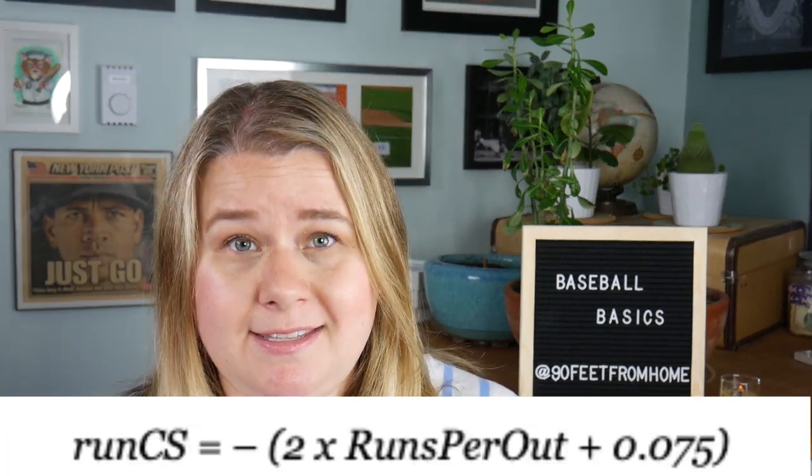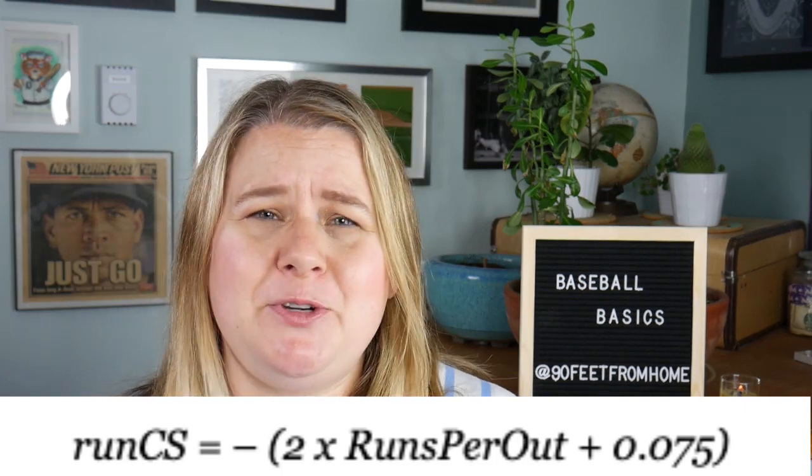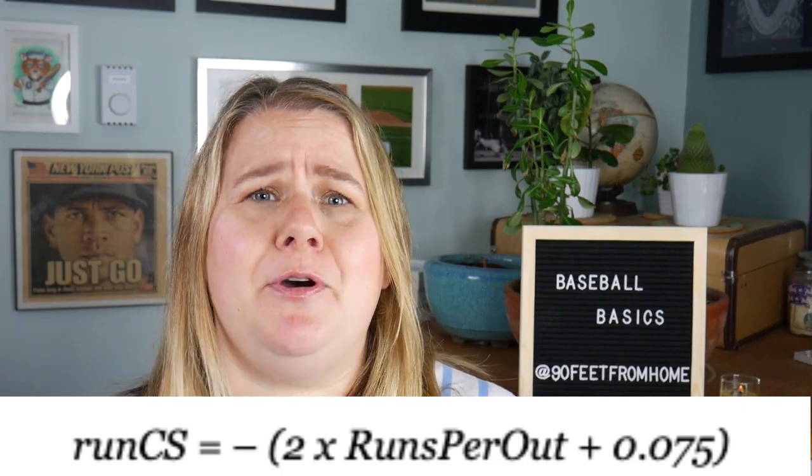And again, I'm going to explain another one. Here is runCS as a calculation. There's so much math, guys. I'm sorry. Advanced statistics are the worst if you hate math. And this one gets simplified too, as runs per out is calculated pretty simply, and it's just the number of runs per season divided by the number of outs per season.